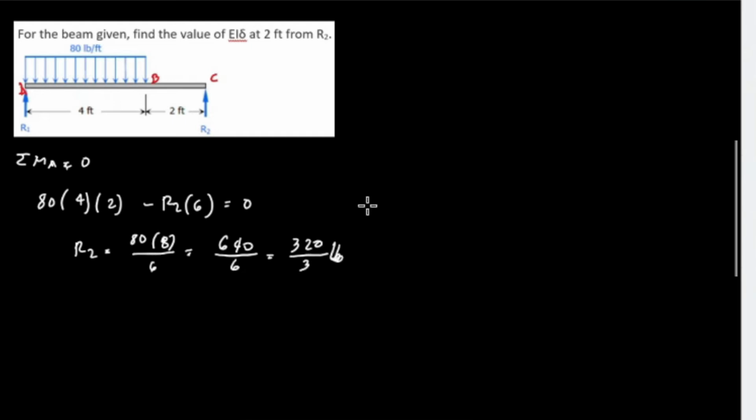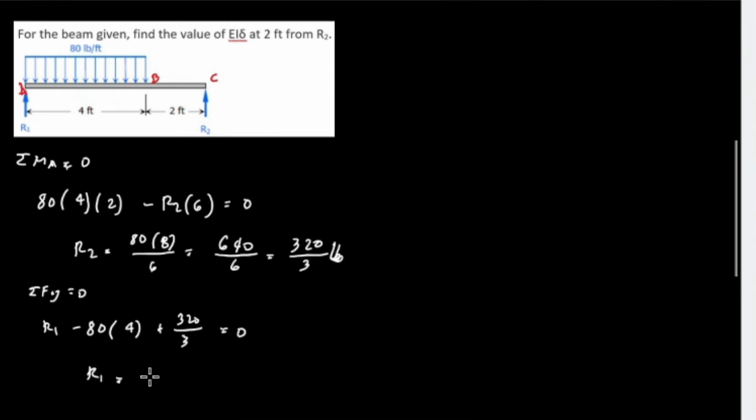It is in pounds. And then summation of forces along y, and equate that to 0. We have three loadings: reaction 1, reaction 2, and the uniform load. So reaction 1 is positive, and the uniform load is downward, so negative 80 multiplied by the length of the uniform load, that's 4 feet, and the value for R2, which is 320 over 3 and positive, so plus 320 over 3, and equate that to 0.